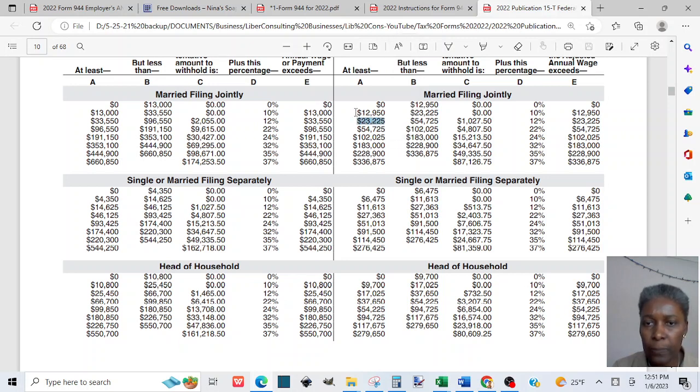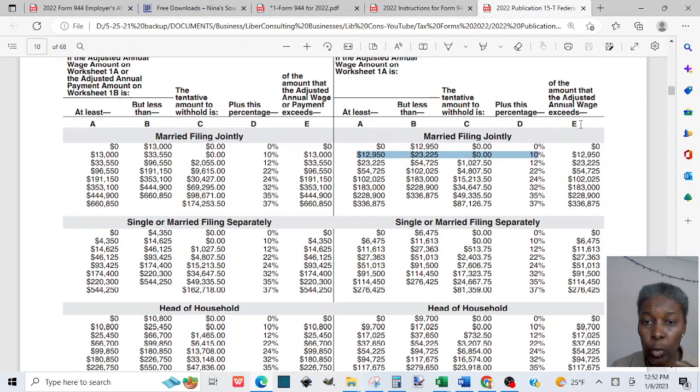So if you are paying yourself, let's work with 13,000, and maybe filing jointly, you will go with that bracket that I'm trying to highlight here, and you will take 10% of the difference between 12,950 and that 13,000.